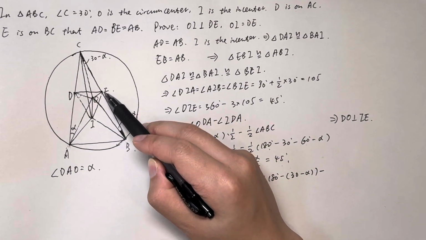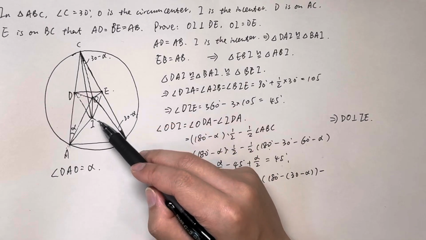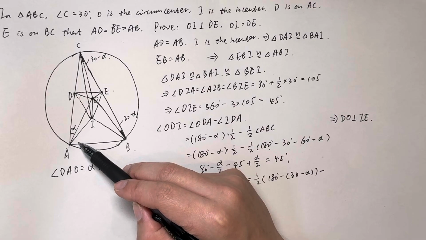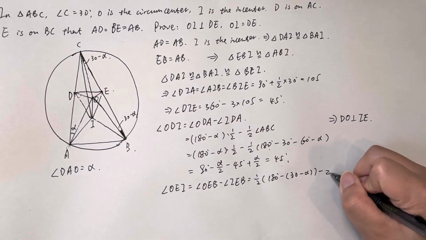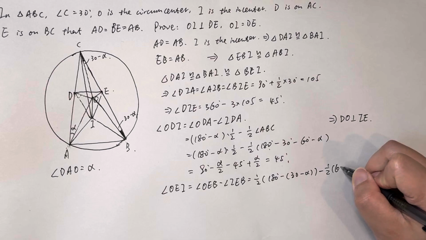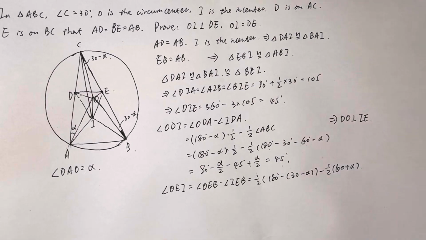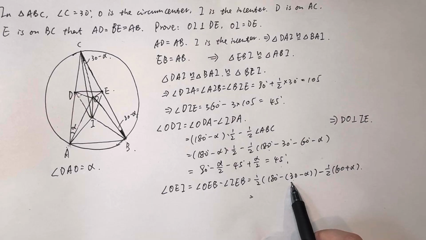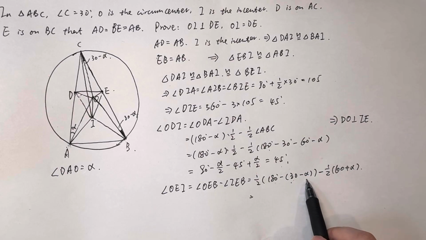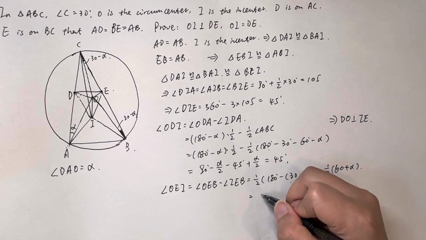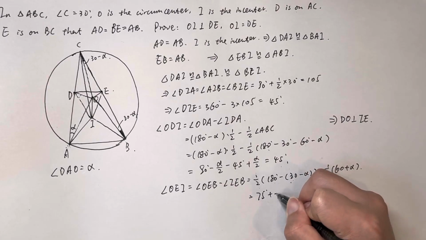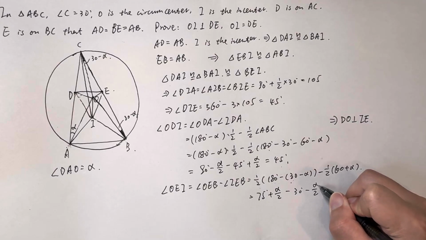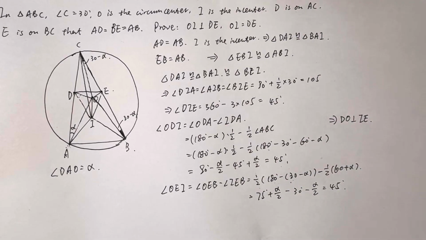This angle, because triangle IEB is congruent to triangle IAB, equals this angle, which is half of angle BAC, which is 60 degrees plus alpha, right? So it equals 150 degrees minus alpha, times half, so we got 75 degrees plus half of alpha, and we minus 30 degrees minus half of alpha, which equals 45 degrees.